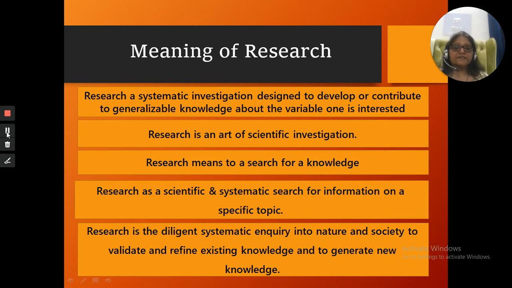It is systematic in its nature, and it is a diligent systematic inquiry into the various variables, into the various genres of knowledge which exist, and then validating that existing knowledge to generate either new knowledge or strengthen the existing knowledge.